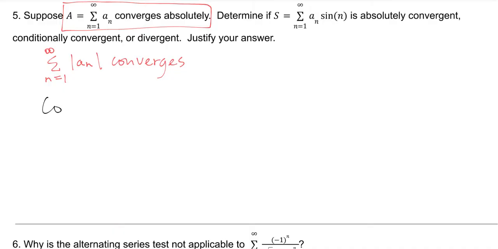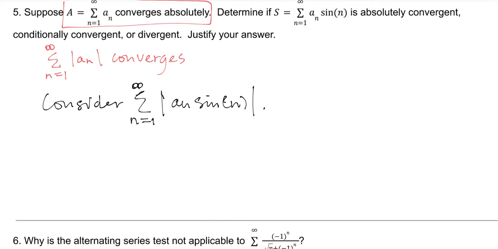So we're going to consider the sum from n equals 1 to infinity of the absolute value of a_n sine of n. Looking at that, the series of absolute value of a_n converges. I need to do a direct comparison. The absolute value of trig is kind of a giveaway for direct comparison.